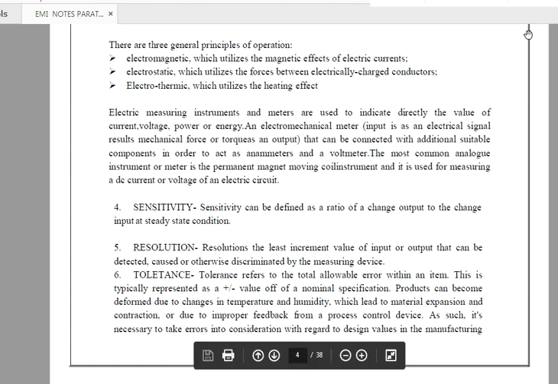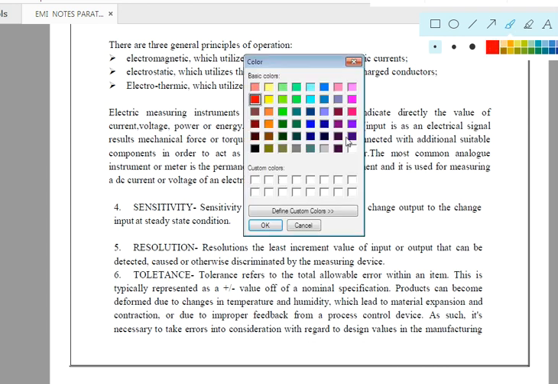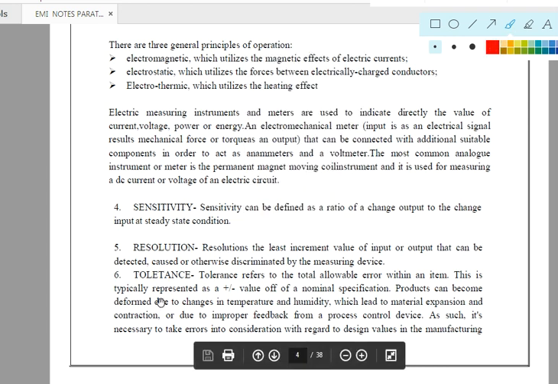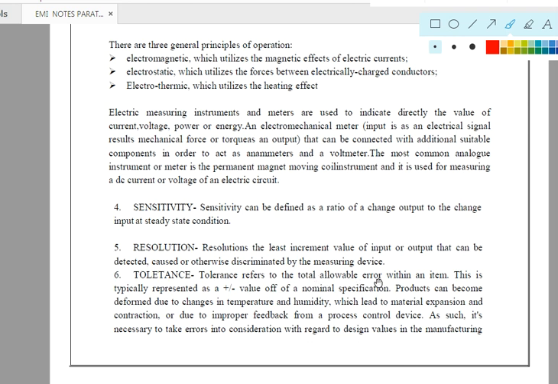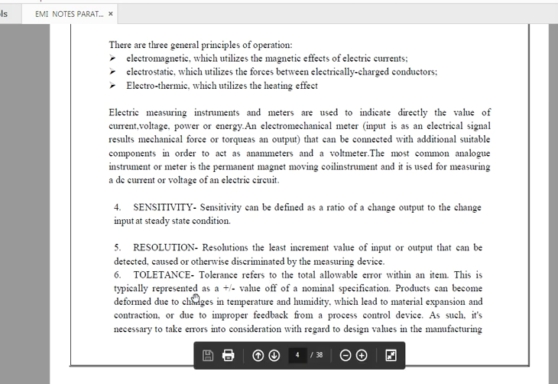Then tolerance. Tolerance refers to the total allowable error within an item. We can define tolerance as typically represented as a positive or negative value of a nominal specification.